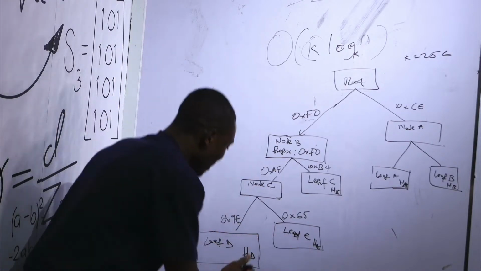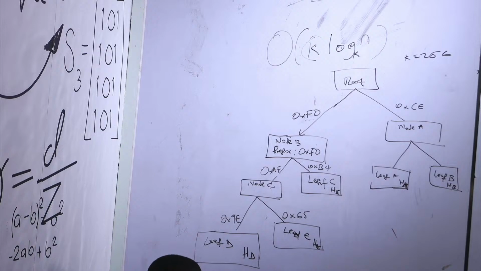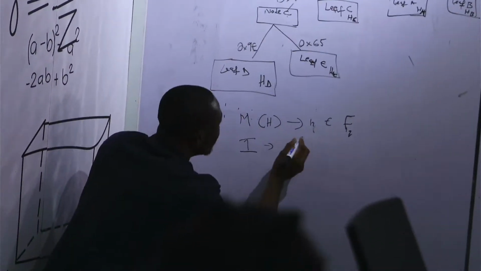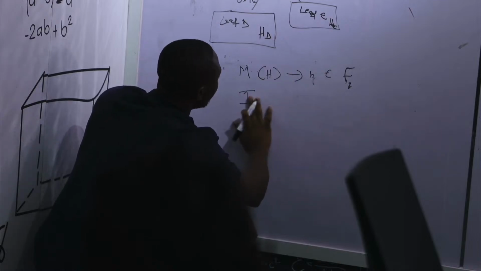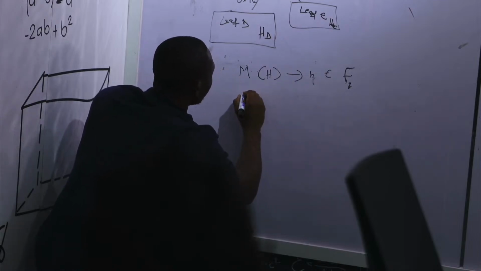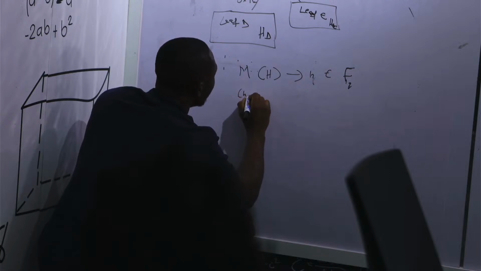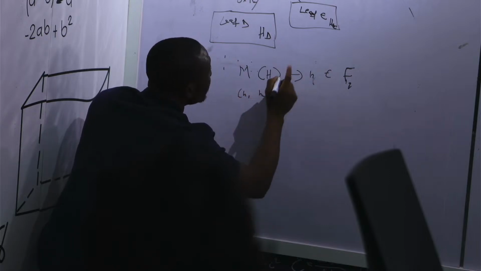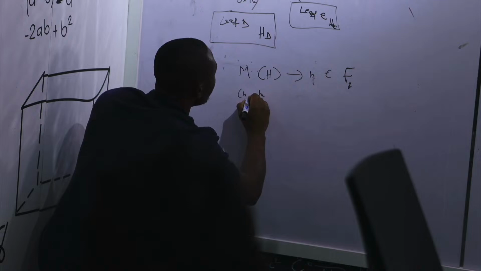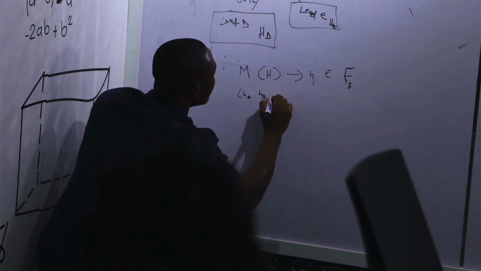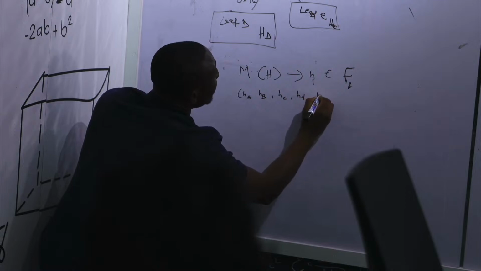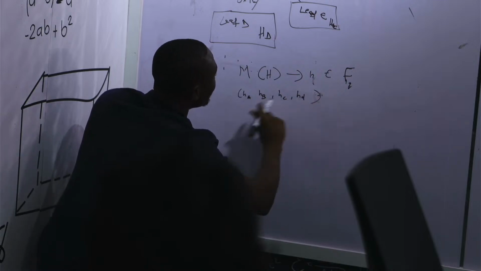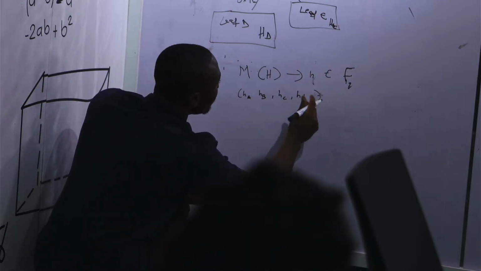So we have an interpolation function that takes the set of mapped values, let's say H1, H2, HA, HB, HC, HD. They will be in pairs now.